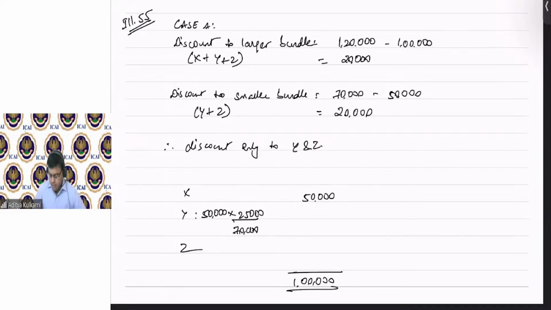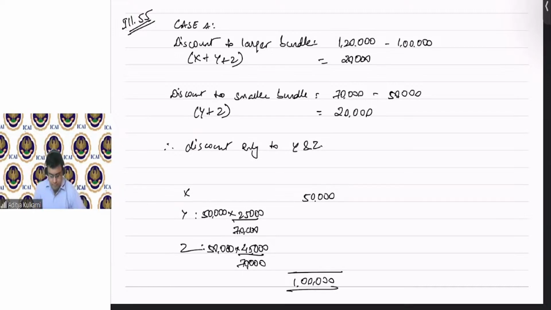So that will be 50 into 25 by 70, and Z will be 50 into 45 by 70.